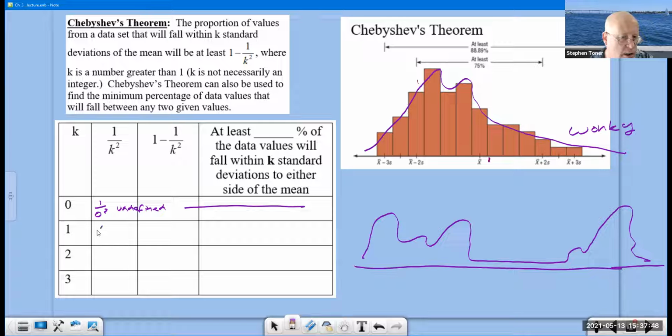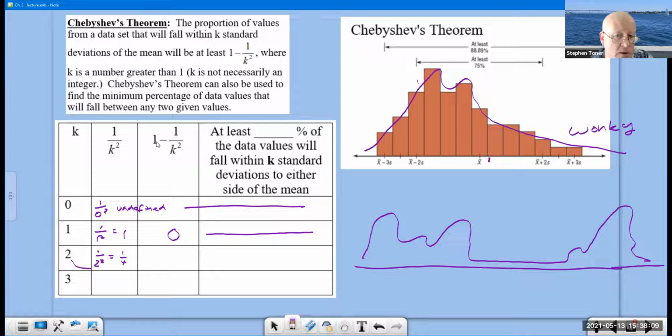When I get 1 over 1 squared, that's just equal to 1, and I get 1 minus that 1, and I get 0, and there's really no claim here at all. But when I go 1 over 2 squared, and I let the value 2 be substituted in, that gives me 1/4.